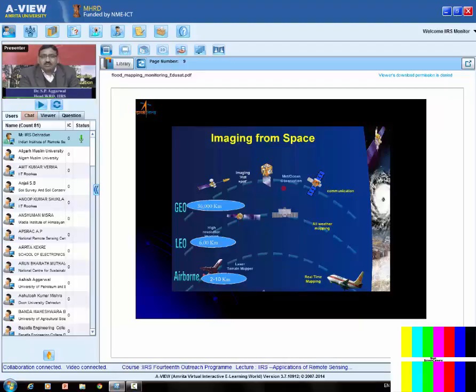So they are very good for weather mapping like cloud cover, cloud top temperature, even rainfall estimation. There are different techniques. Suppose you can see heavy cloud with cloud top temperature less than or equal to minus 40 degrees centigrade.